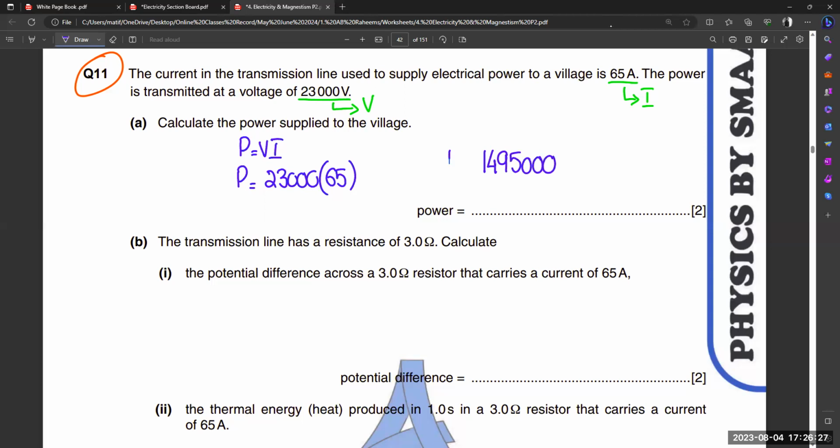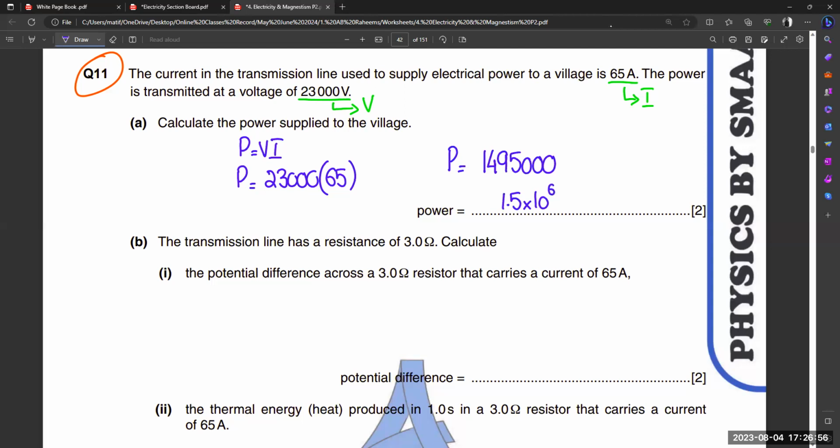You may write the answer in simple notation, or in scientific notation: 1.495 multiplied by 10 to the power 6. Or we may just use a rounded value, 1.5 exponent 6, because 1.49 will round off to 1.5.